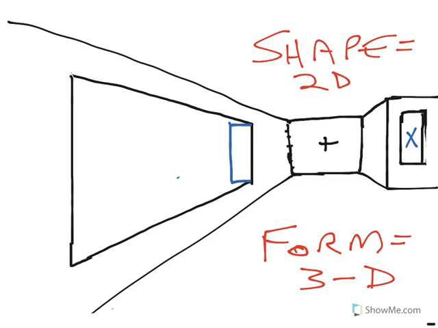Now, in order to get the depth in, once again, we will need orthogonals. So I'm drawing an orthogonal here, and then from the top corner, I'm going to draw an orthogonal here. Now, if you take a look at this, you can see that I've drawn this incorrectly. It doesn't go to the vanishing point. If that happens to you in whatever drawing you're doing, it's very important to go back and correct it because that really does destroy the illusion.